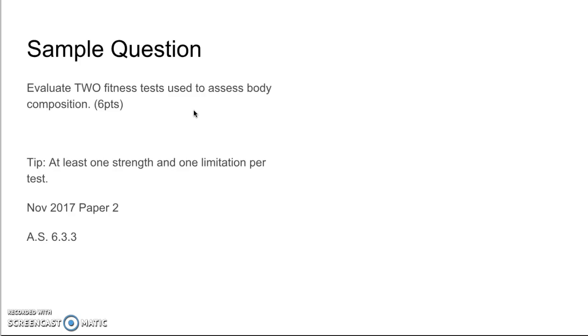Select any 2 and jot down the definition of what that is or a description of what that test is. Then go on and provide strengths and limitations. This is going to take you a good 5 minutes or so. So pause the video, time yourself with a partner, and see if you can jot down some notes.